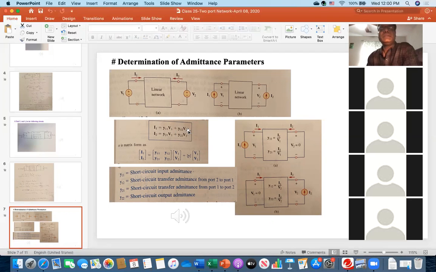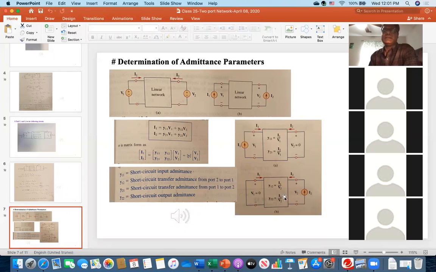If you put V2 equal to 0 in both equations, these two terms cancel. So you are getting Y11 equals I1 over V1. And now you see inside the network that I have written Y11 equals I1 over V1, assuming V2 is 0. Similarly, Y21 equals I2 over V1. That is coming from equation 2. Look, Y21 equals I2 over V1 if you put V2 equal to 0.